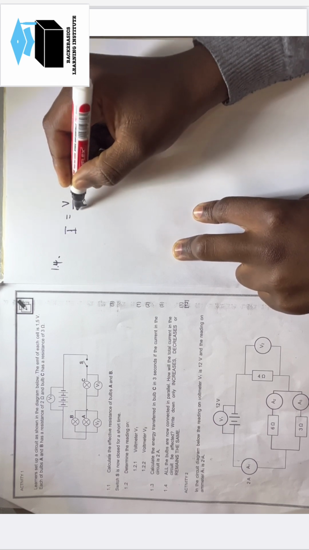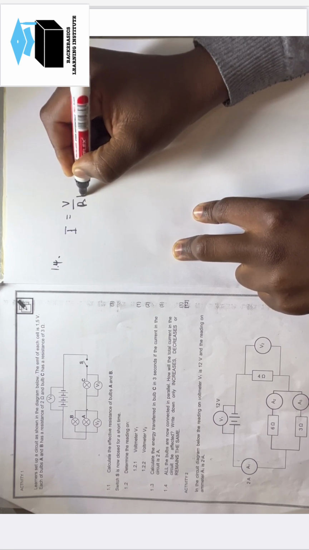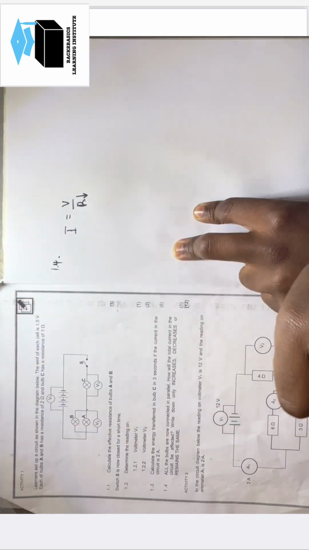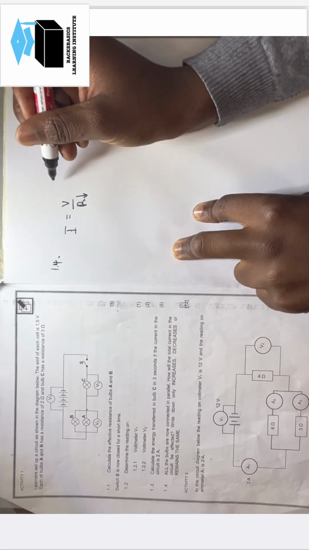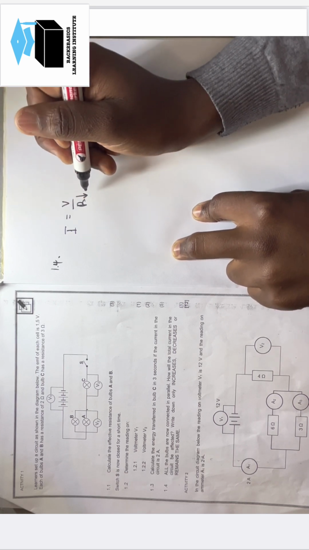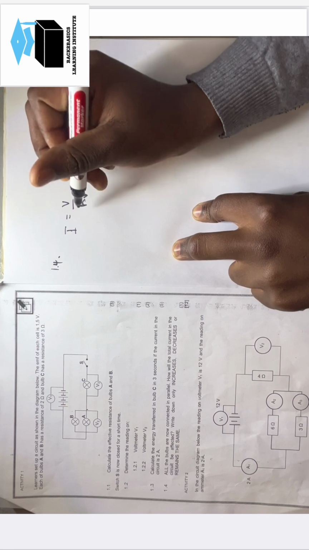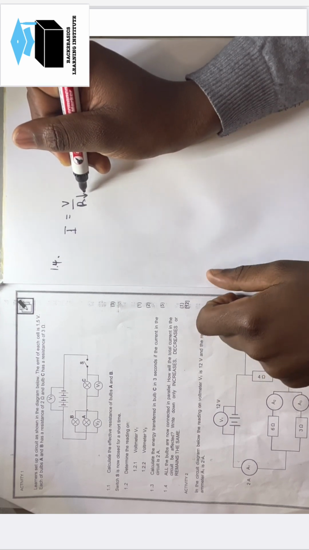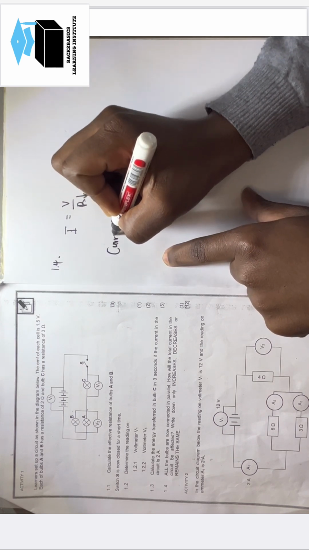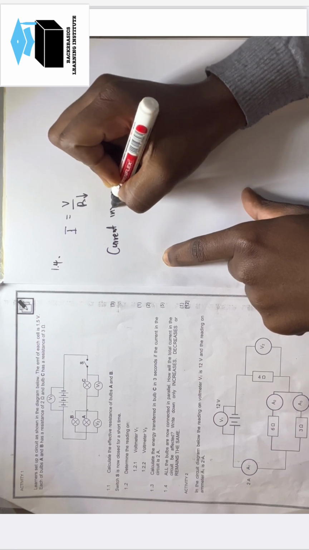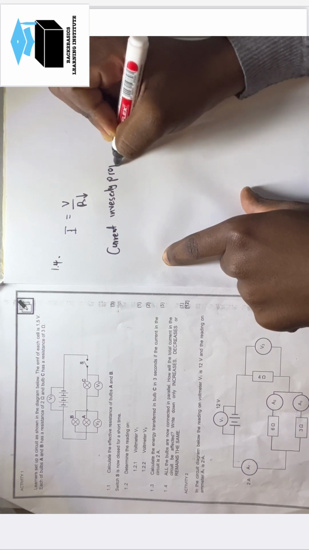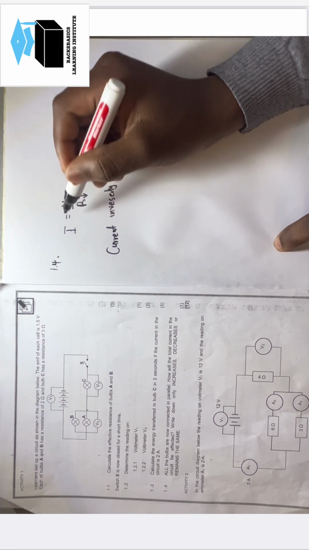So if your resistors are going to decrease, remember that all 3 of them are going to be connected in what? In parallel, which means they are going to have the smallest resistance, right? So your resistance here is going to decrease, and as soon as your resistance decreases, because they are inversely proportional, if your resistance decreases, your current increases.